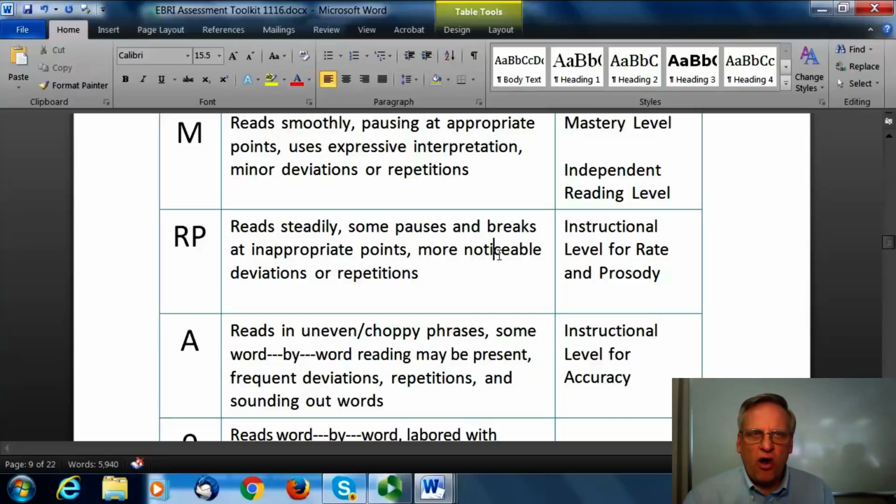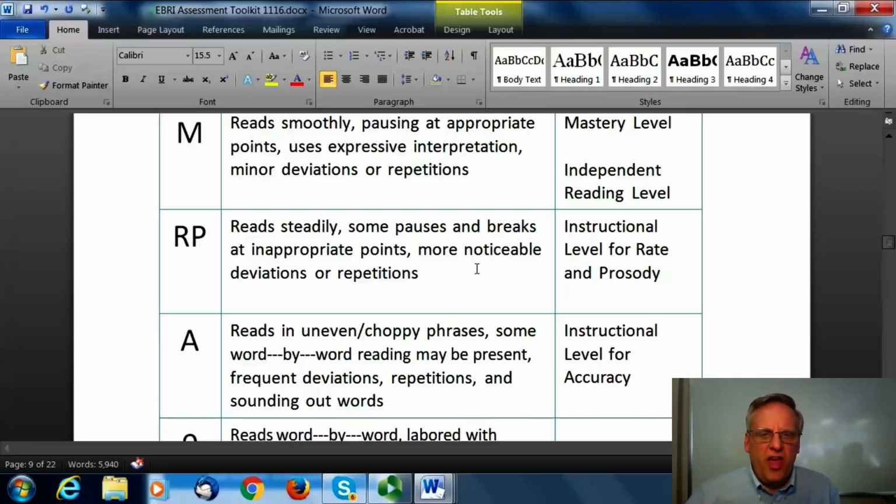And there's more pauses and breaks, and sometimes maybe at inappropriate points where we wouldn't see a good reader do it. A good reader chunks, got a chunk here, chunk there. But a reader where rate and prosody is going is chunking at unusual points. They might blow through commas and periods. We might also see repetitions there, or they won't say the particular word that's on there, maybe say another word. So that's what we're looking for as we go to RP.